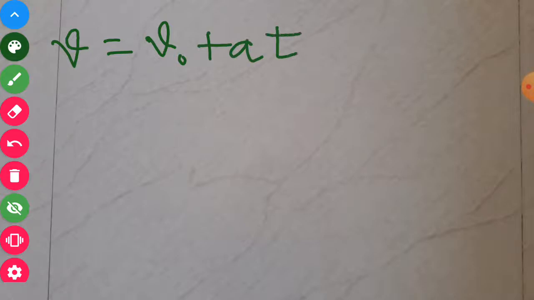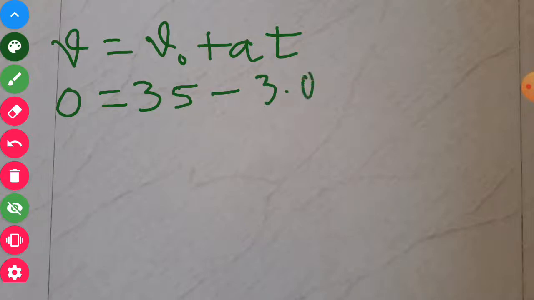Now we want to find out the time interval. How much time does it take? Now we have the formula v is equal to v0 plus at. Now easily you can find: finally it stops, so 0 is equal to initial velocity 35 minus, because the acceleration we got is 3.0625, into time for stopping this car.